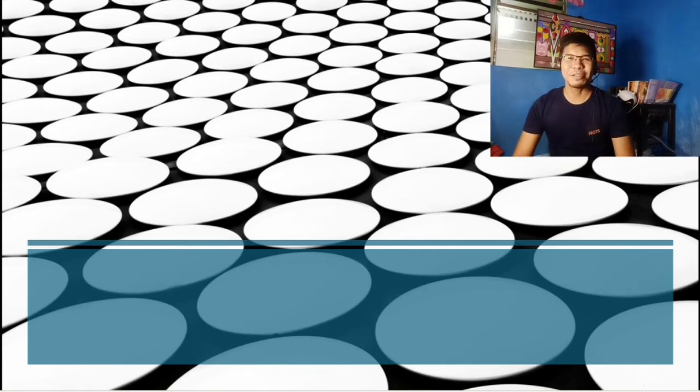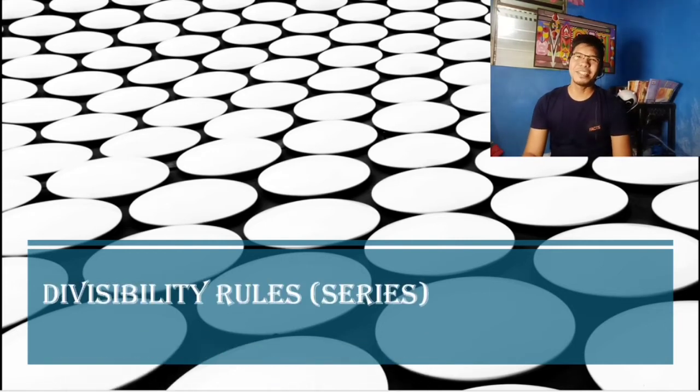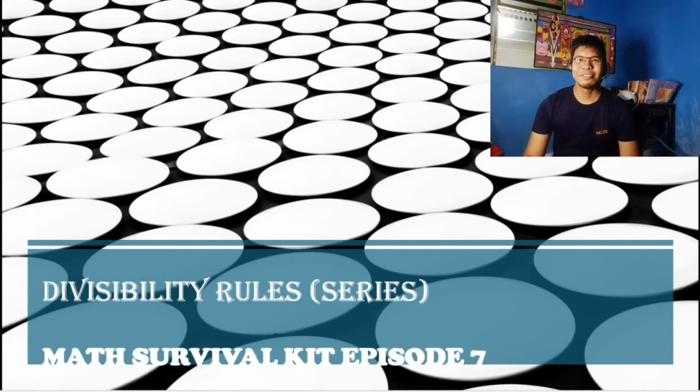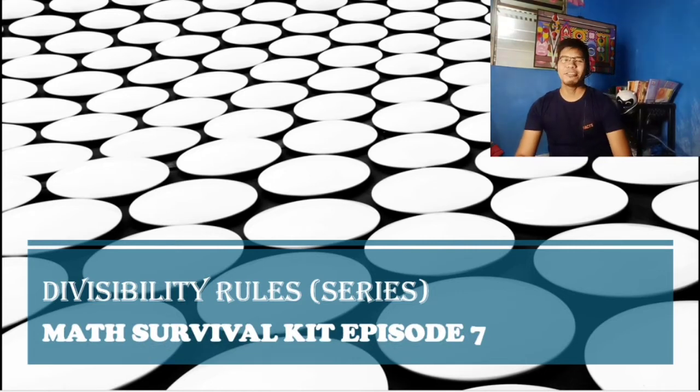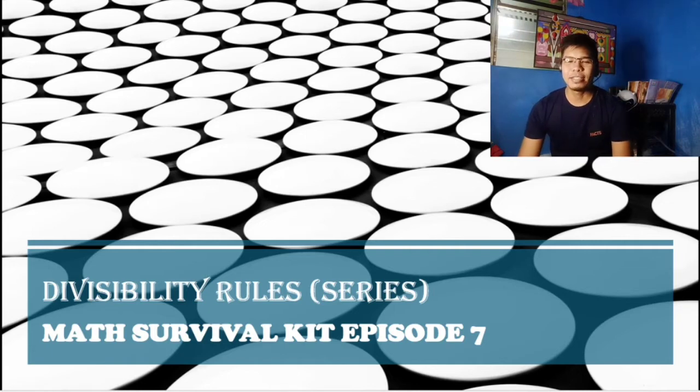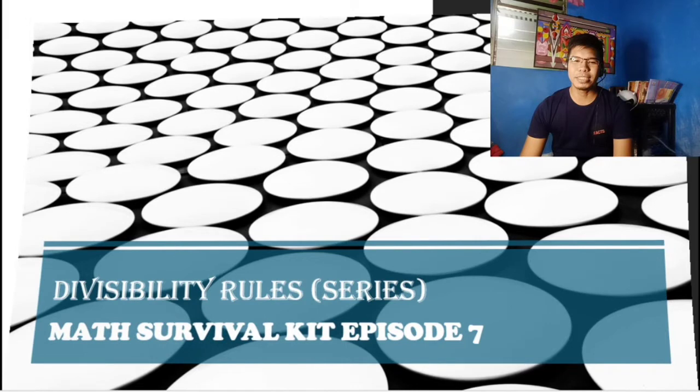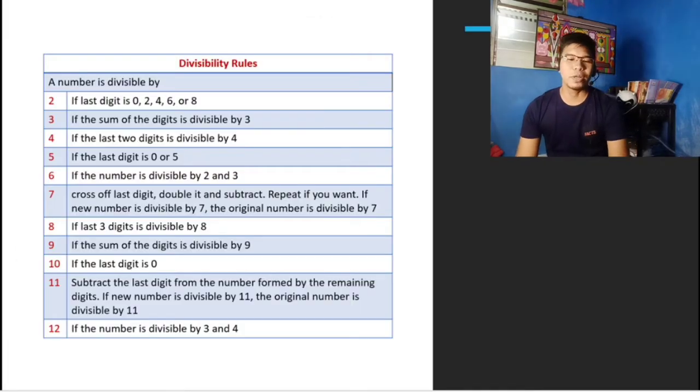This is the Math Survival Kit episode 7 as we continue the Divisibility Rules series. Today we're going to discuss the third installment of this series, which is the divisibility rules for 8, 9, and 10.